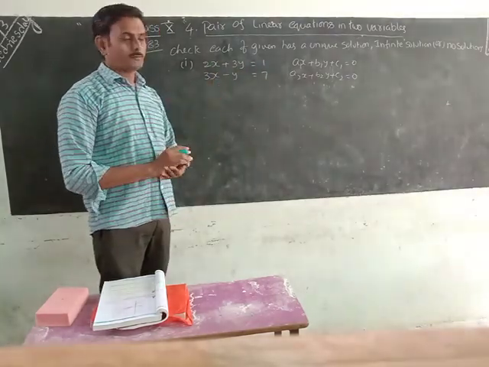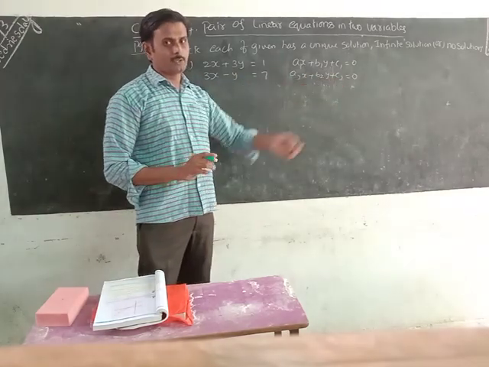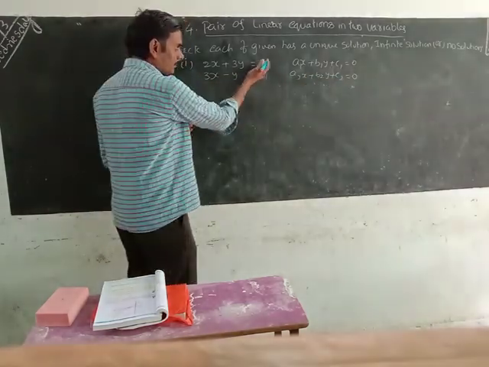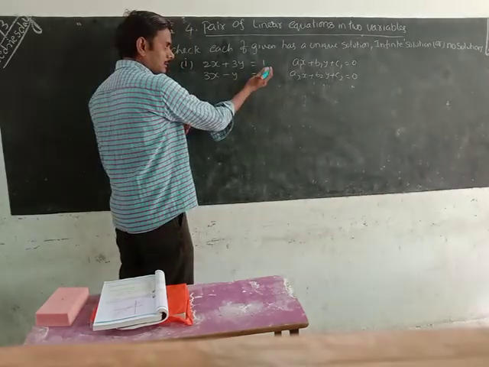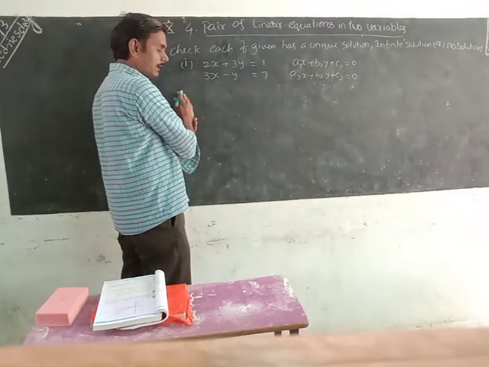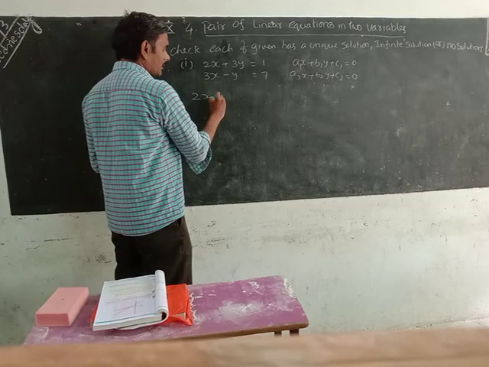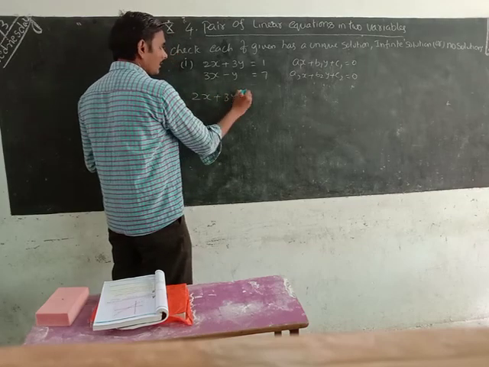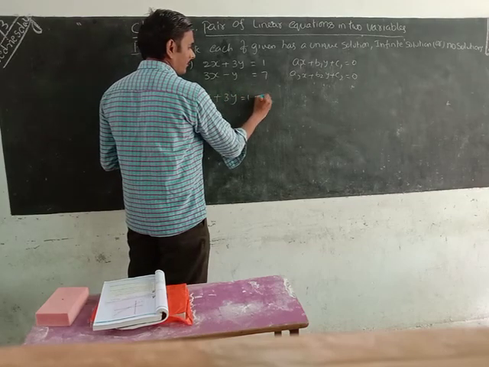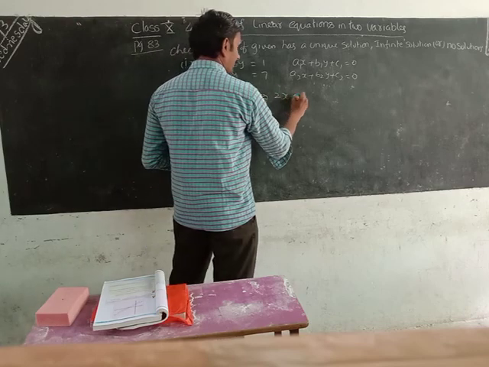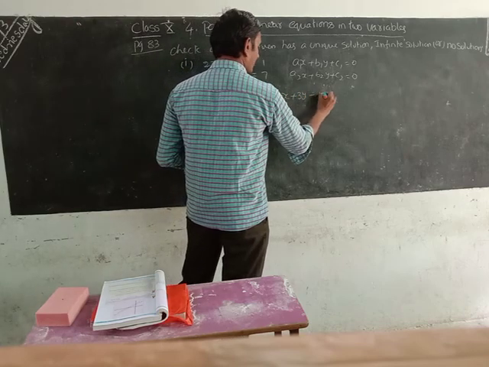Convert them into this form. We move 1 to the LHS, so we can write 2x plus 3y minus 1 equal to 0.